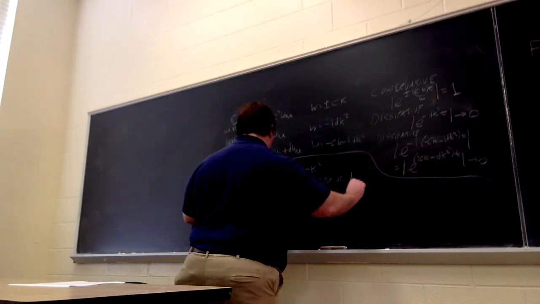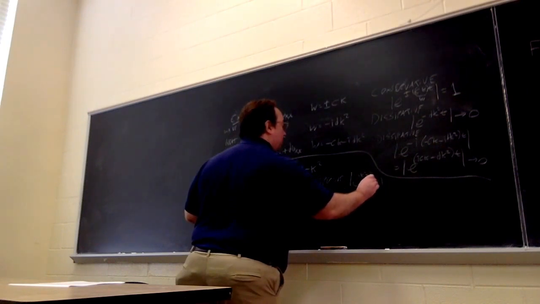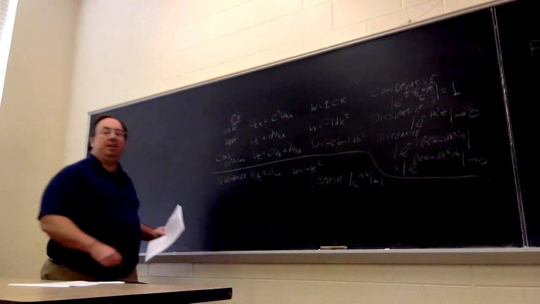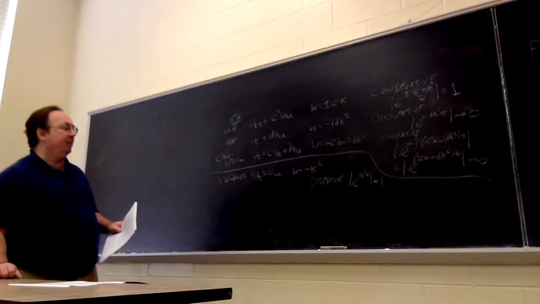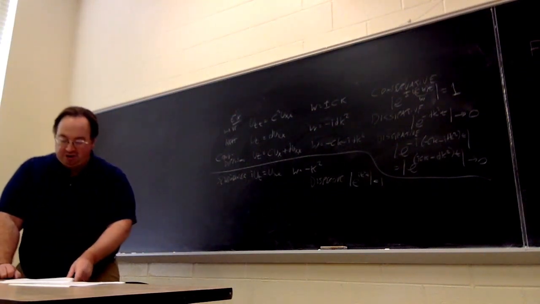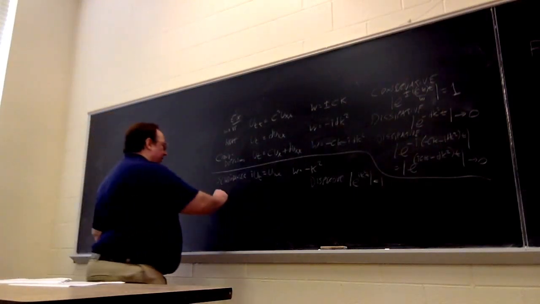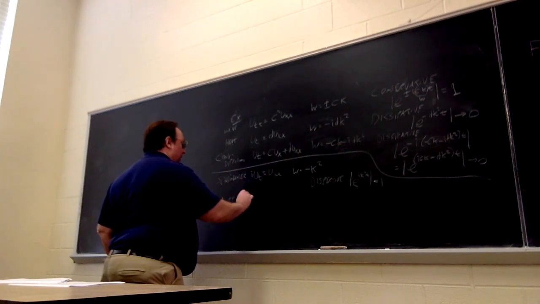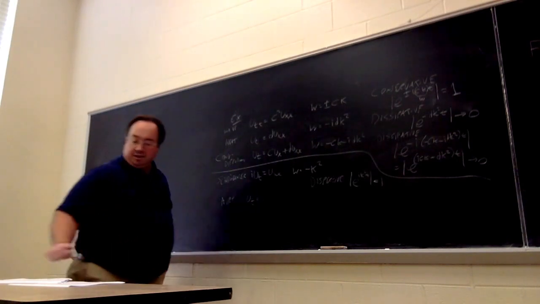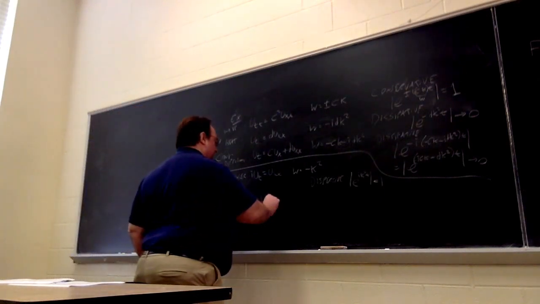Because e to the ik squared t is equal to 1 in magnitude, but the waves are traveling at different speeds, like with Airy's equation. So that's why you get dispersion in that case. And in fact, Airy's equation, we have u_t = u_xxx.